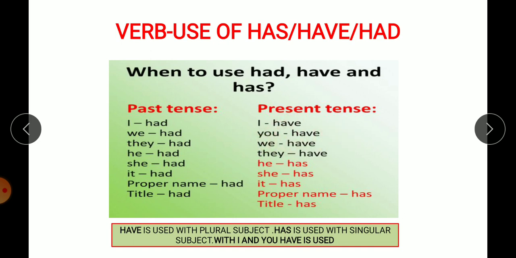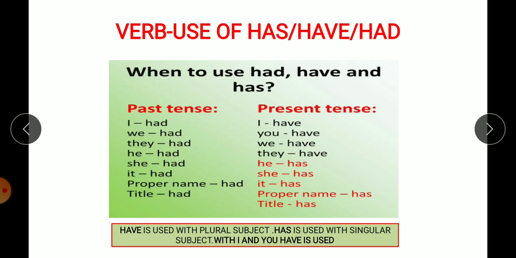Okay. Like they have pens. Now they is plural, so we have used have. Children have. Children is plural, we use have. Child is singular, so we'll use has. Child has. Clear?